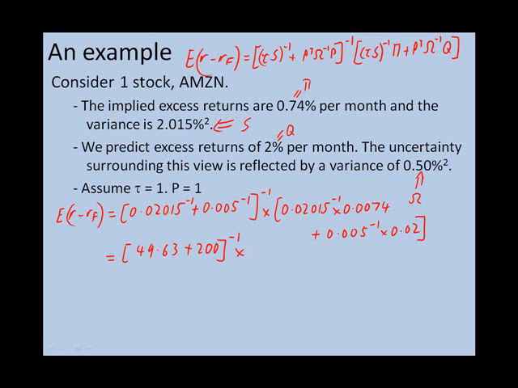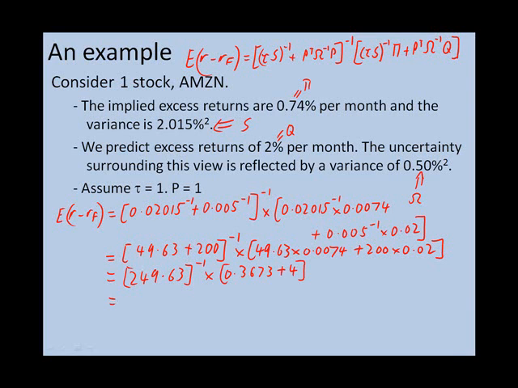And we multiply by 49.63 times 0.0074 plus 200 times 0.02, which is going to be equal to 249.63 to the power minus 1 times 0.3673 plus 4.